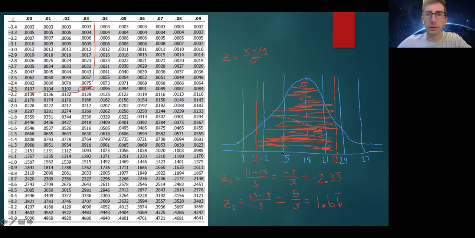So what does this tell us? This tells us that the area to the left of our -2.33, this area under the curve, is 0.0099.